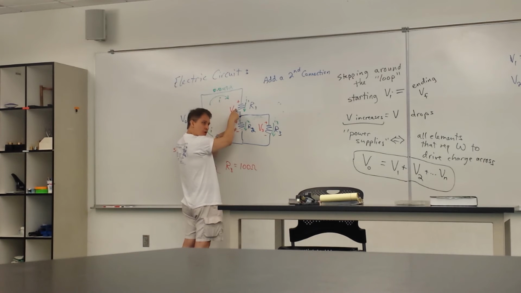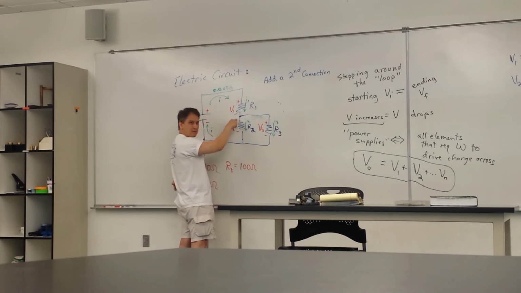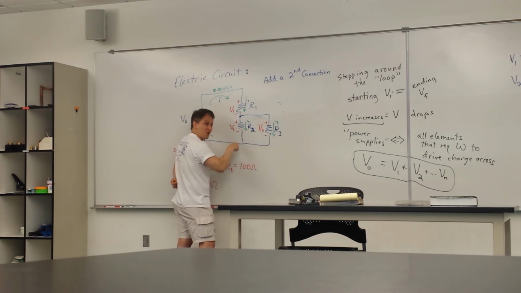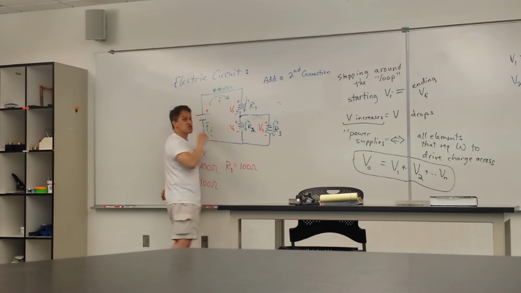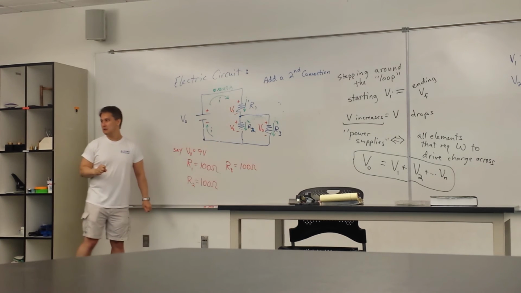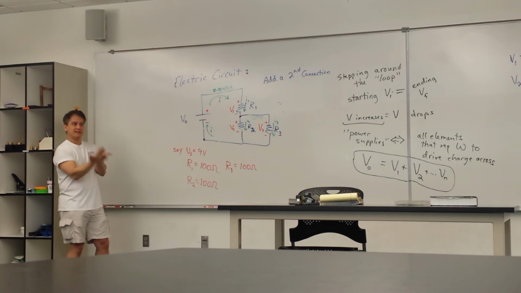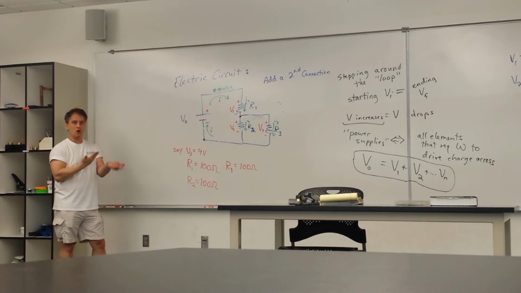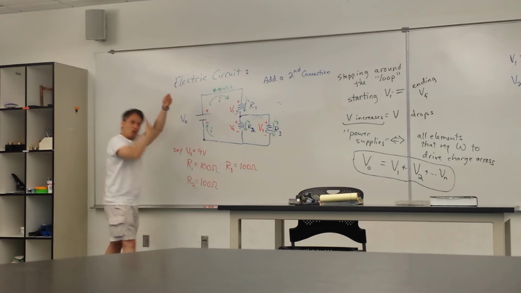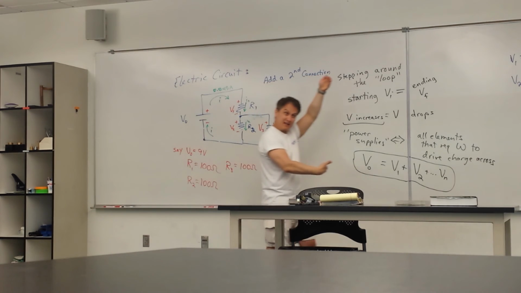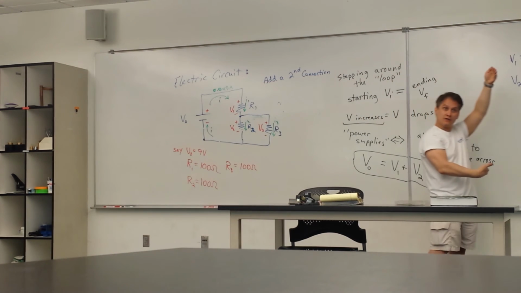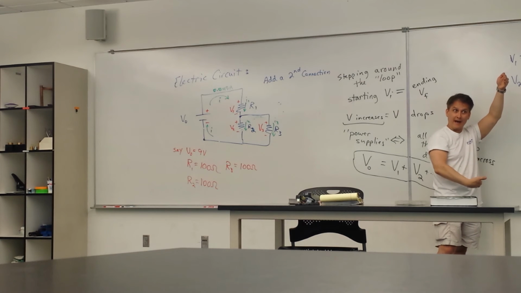More charge, more current, higher V1, which means the drop across R2 or the corresponding drop across R3 will have to be lower, because top to bottom is still only 9 volts. Everything balances itself out this way. So increasing charge in one raises its voltage, which drops a voltage corresponding to everything else farther down the food chain, if you will, or farther down the path.